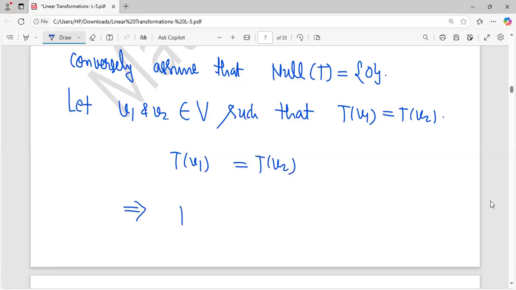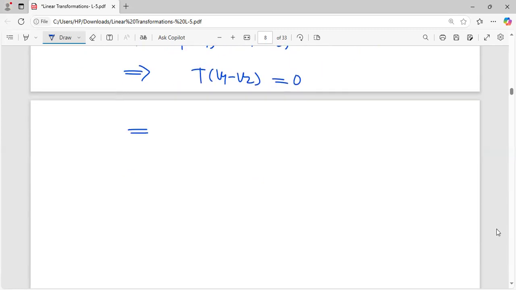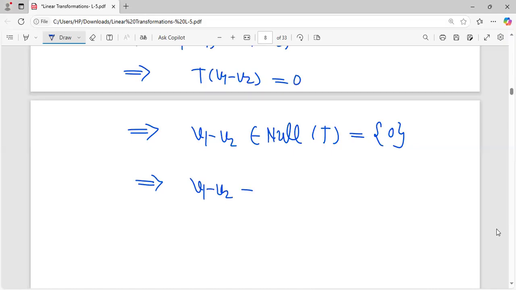So this implies T V1 minus T V2 is equal to 0. So this implies T of V1 minus V2 is equal to 0. So this implies V1 minus V2 belongs to null T. But null T contains only 0. So this implies V1 minus V2 is 0, so V1 is equal to V2. So this implies T is 1-1.